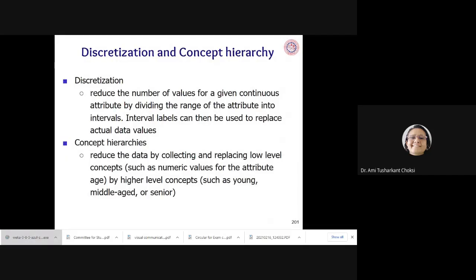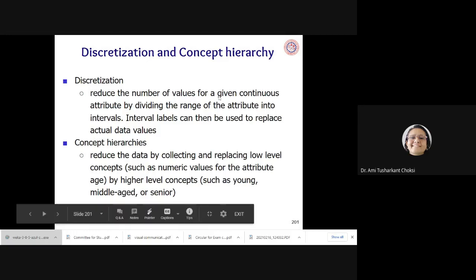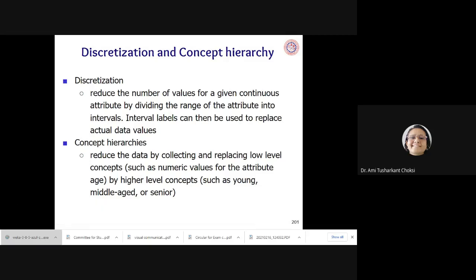So the next concept which we want to learn is discretization and concept hierarchy. Discretization is known to us, isn't it? What does it do? It reduces the number of values for a given continuous attribute by dividing the range of the attribute into intervals. Interval labels can then be used to replace actual data values.